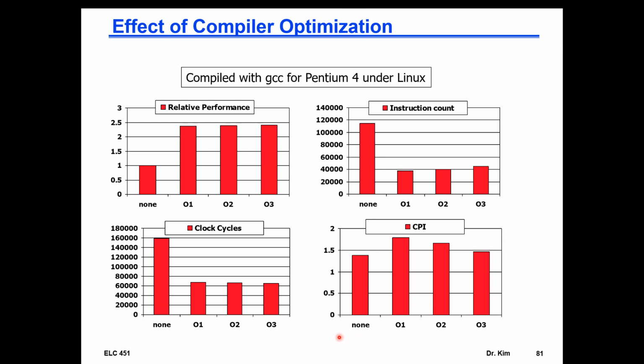Is it worth putting these other instructions with perhaps lower CPI or with some specific functionality? How much do we get in performance improvement because of that? So this is the type of data that you may look at during the architecture of an instruction set, although here we're just comparing different optimization levels of a compiler.